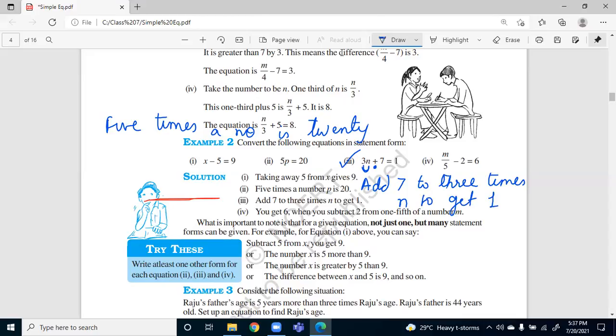So we are adding 7 to which number? To 3 times n. So 3 is multiplied by n. That we write in statement form as 3 times n to get 1.